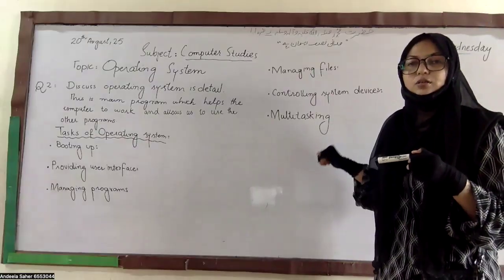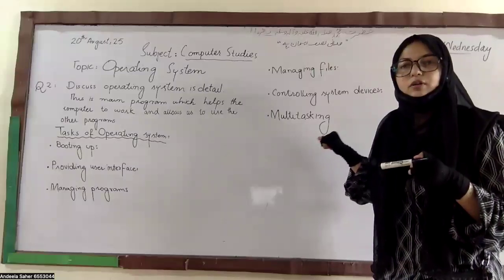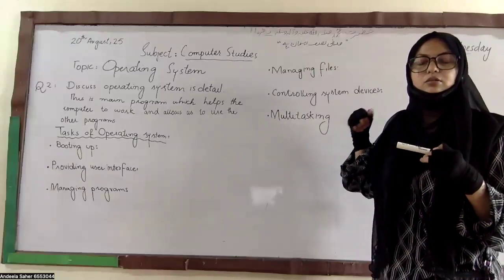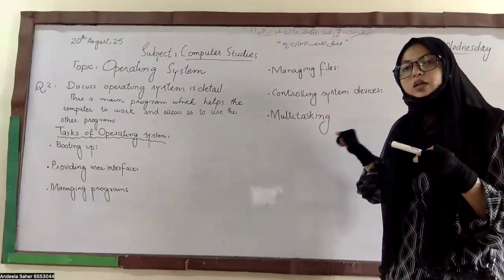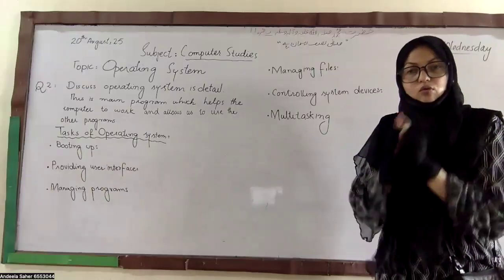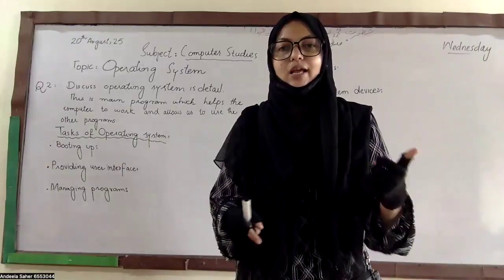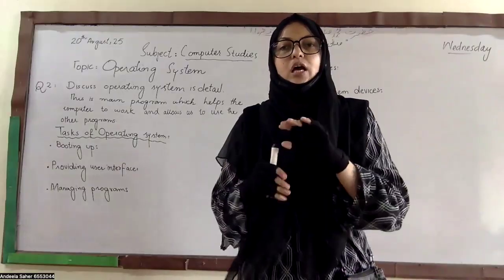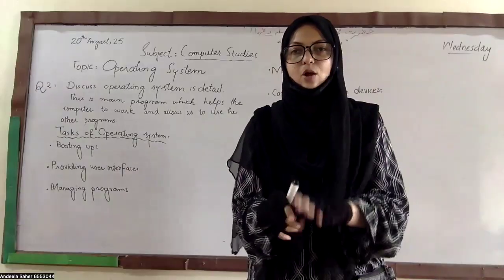If your computer has a very good operating system and good RAM, your laptop is going to do multitasking, and that multitasking is allowed by the operating system. Like right now I was working on MS Word. MS Word is also running in the background.